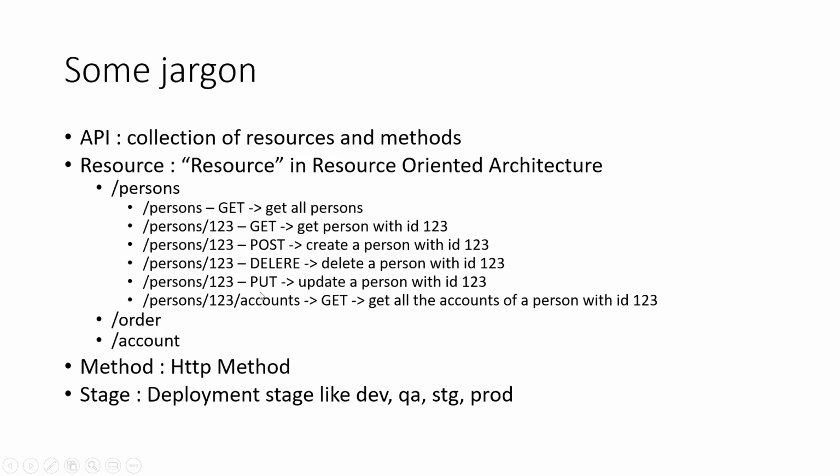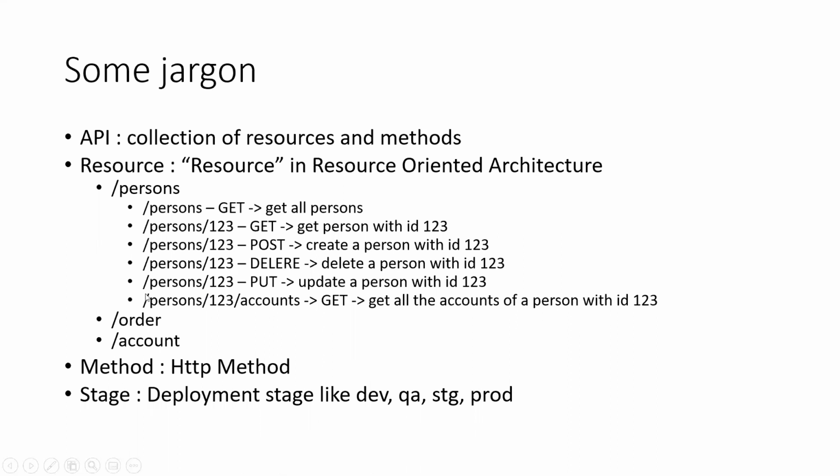If you do an HTTP PUT on the same URL, you're updating a customer. And now let's go down. Now you got the customer. Now you want to go to all the accounts of the customer. So /persons/123/accounts will give you all the accounts of the person with ID 123. So this particular person's accounts, give me all of them.